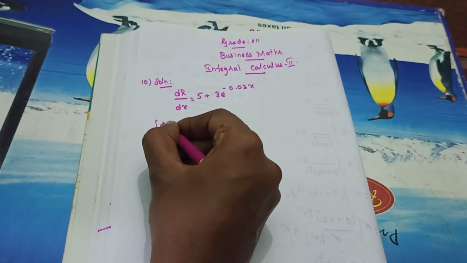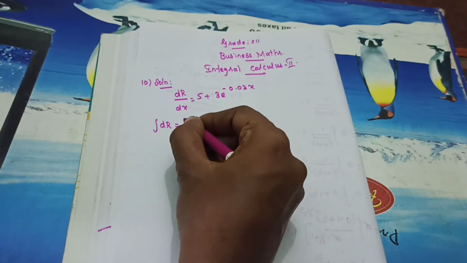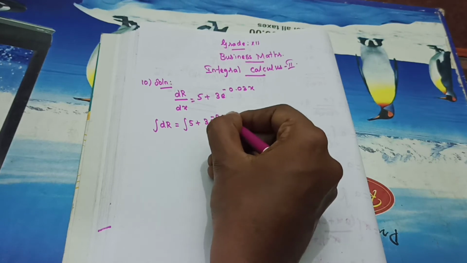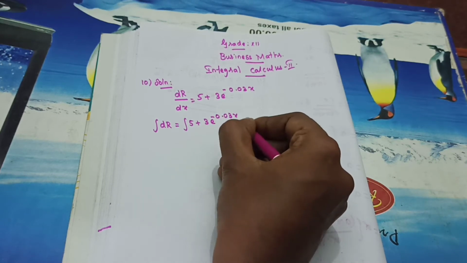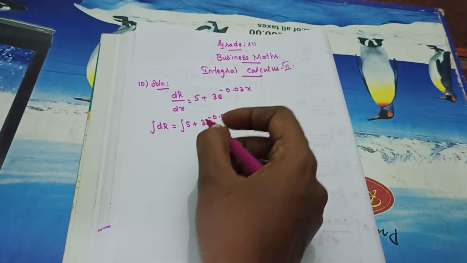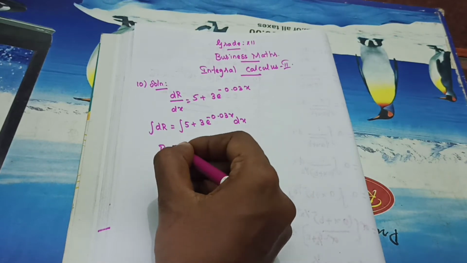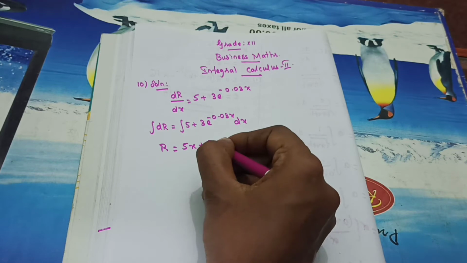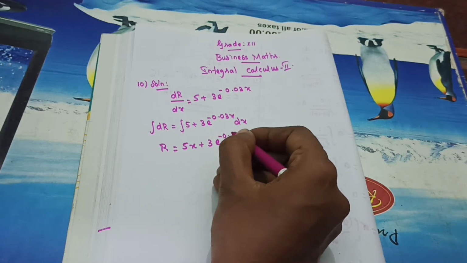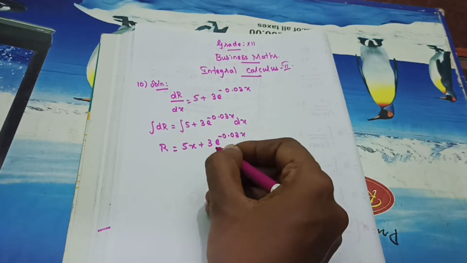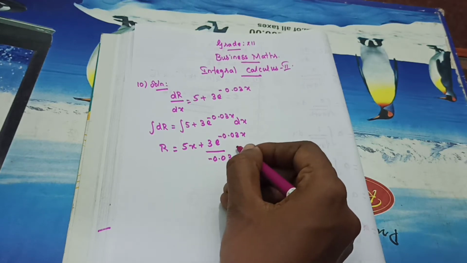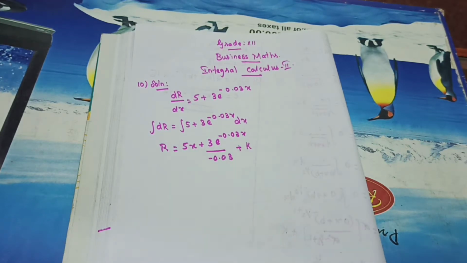That is, integrate dR equals integral of 5 plus 3 e power minus 0.03x dx. Okay, so R equals 5x plus 3, a constant, e power minus 0.03x divided by the coefficient, that is minus 0.03, plus a constant k.